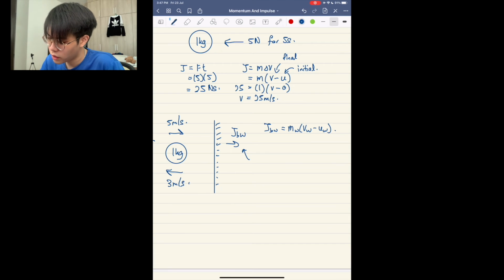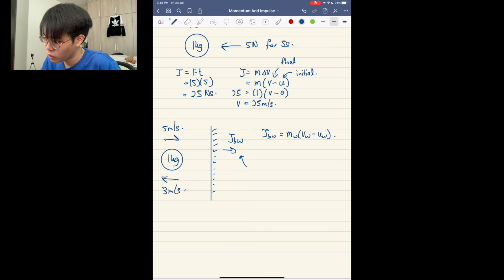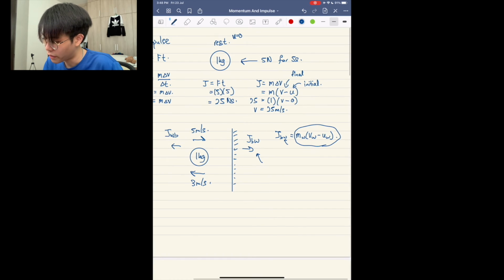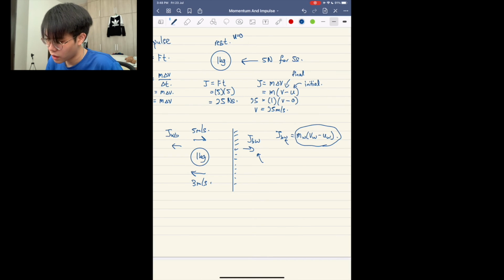If we want to calculate the impulse by the ball on the wall, we need to put the velocity and the mass of the wall. We usually put the second letter. This is how I do it: I usually put the second one, and then we know the subject will be the second letter. But it's impossible to know the mass and the velocity of the wall because they remain unchanged.